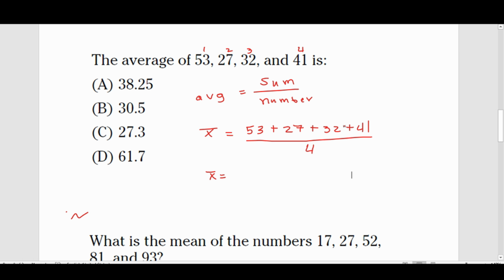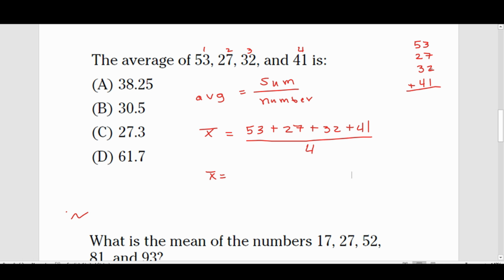Let's go ahead and find the sum of these. Again, we have 53, 27, 32, and 41. Let's see. We have 7 plus 3 is 10.